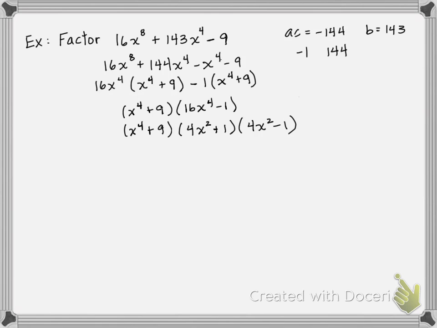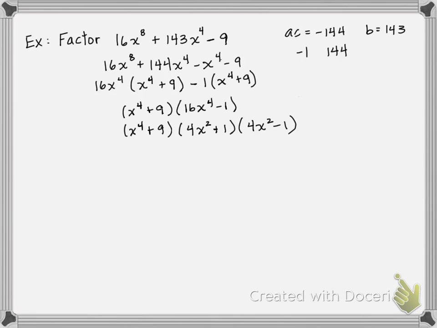So you just want to make sure that your first two terms, when you multiply them, you get that first term, and your last two terms, when you multiply them, you get that last term. Because it'll turn your signs around. Because the signs are opposites, we know we'll get that 0 in the middle. But you just want to make sure not to rearrange the coefficients as you're doing the factoring.